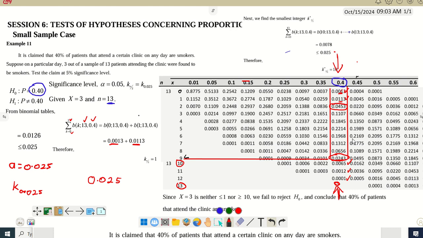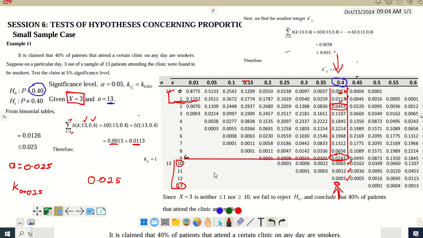So it means that when you get to this point, remember our interest was x is equal to 3. So you ask yourself, where is x? Let's look at where x is. Remember that these are the critical points. 0, 1 is the critical point. Then from 10 up to 13 is also another critical point.